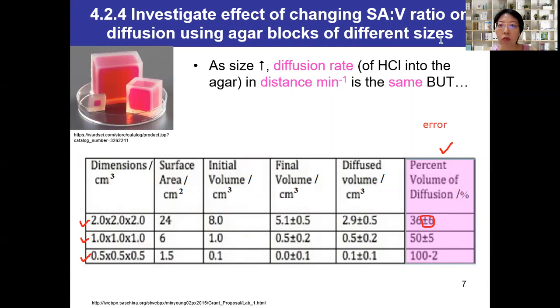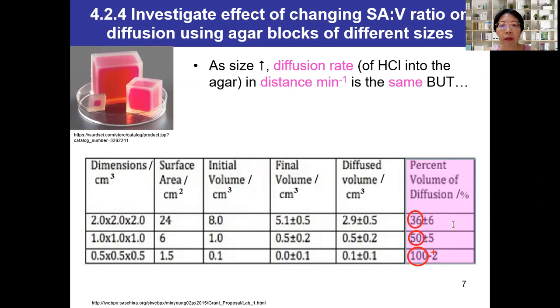So we got 36. Don't look at plus minus 6. We look at 36. Okay, 36% of the total volume diffused, 50% of total volume diffused, and 100% plus minus 2 is being diffused.